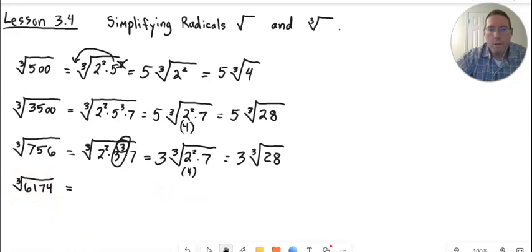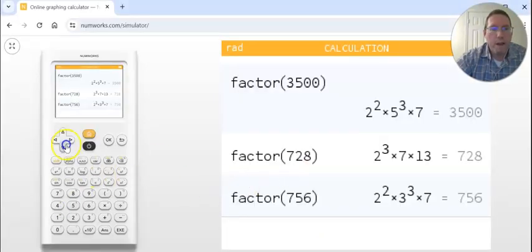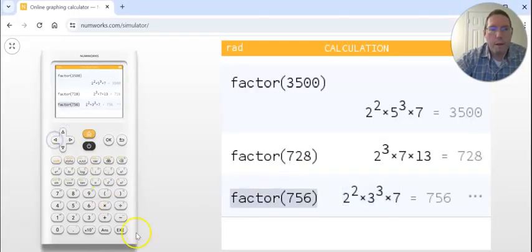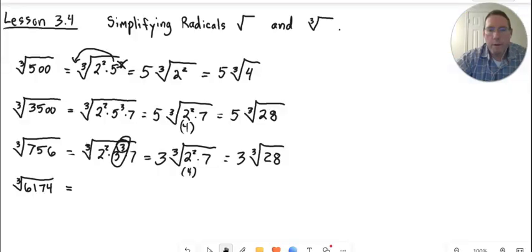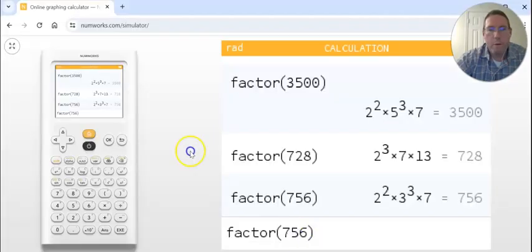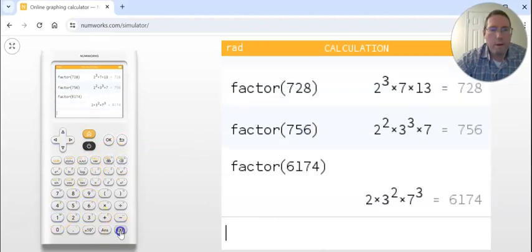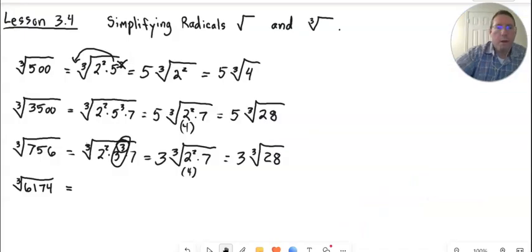Let's do this 6174. So we'll go ahead and factor it. Let's make sure I get this right. I'm going to set up 6174. Hit execute. And we get 2 times 3 squared times 7 cubed.